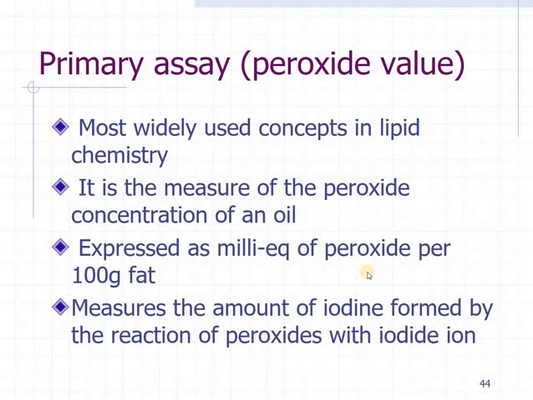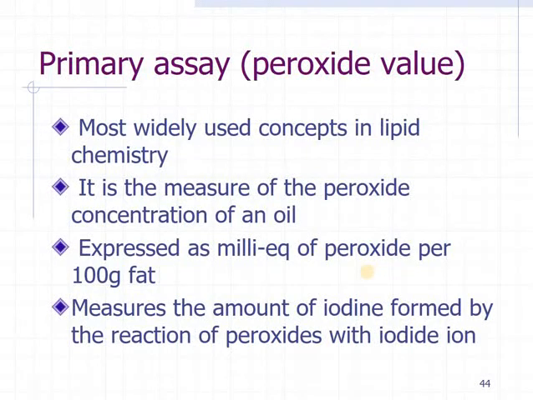The first one, the most commonly measured one, that's why I included it, is the peroxide value. This is the most widely used concept in lipid chemistry. It measures the peroxide concentration of an oil, and the results are expressed as milliequivalents of peroxide per 100 grams of fat.